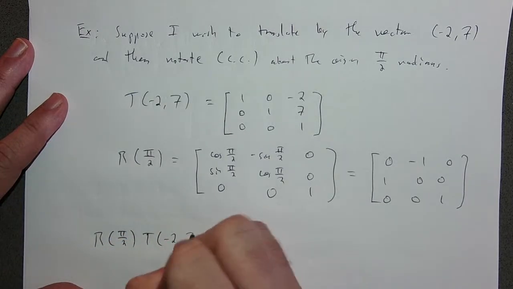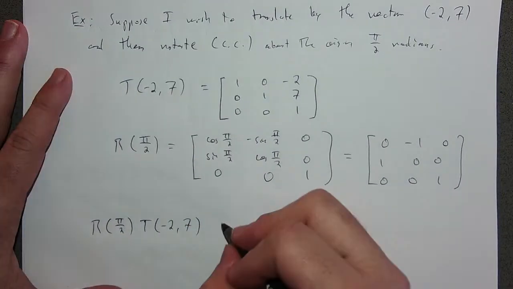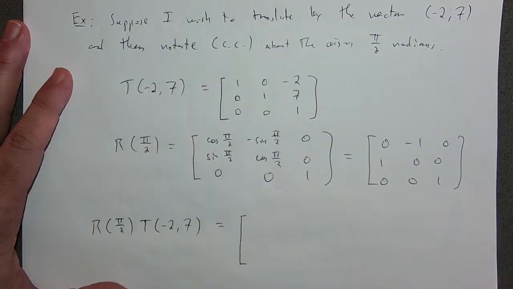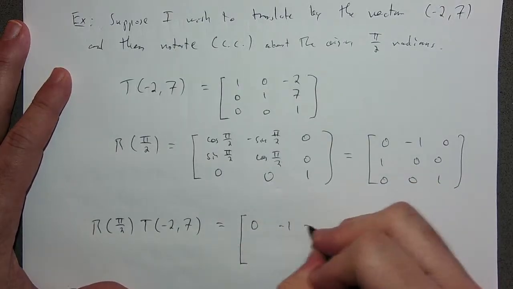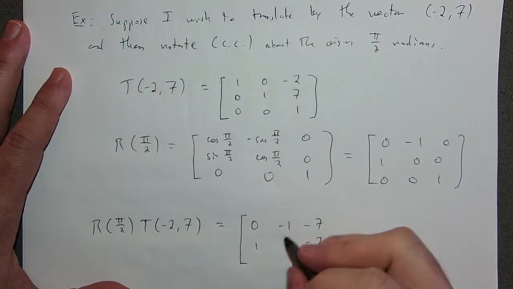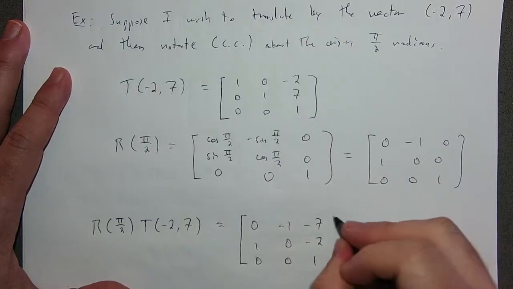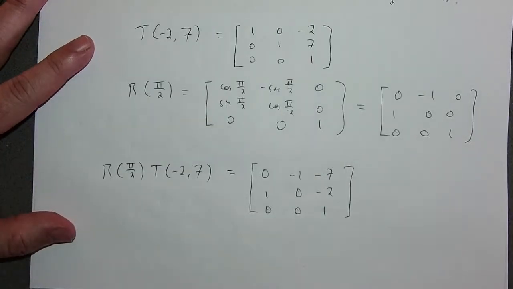So it's this thing, which if you multiply this out, you will see that this matrix is, reading row-wise here, 0, minus 1, minus 7, 1, 0, minus 2, and 0, 0, 1. Okay. So then, to take this thing and apply it to a point, right?